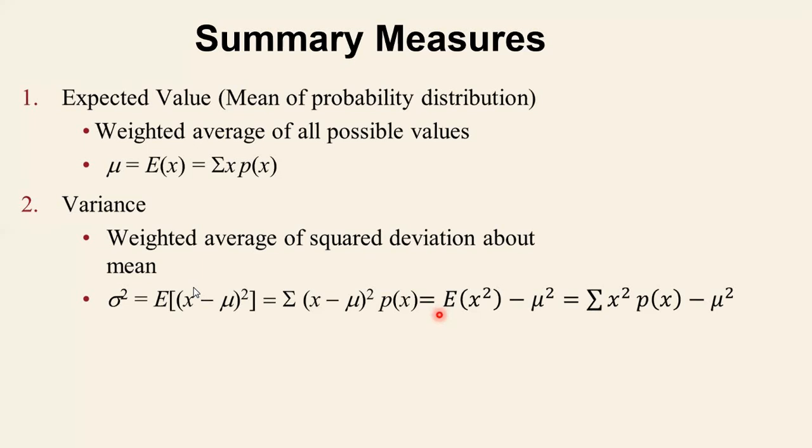When we simplify this, it is the expected value of x squared minus mu squared. How can we calculate this? That is summation of x squared into p(x) minus mu squared. All these formulas you have to know, right? Then the standard deviation is the positive square root of the variance. So sigma is equal to the square root of sigma squared.